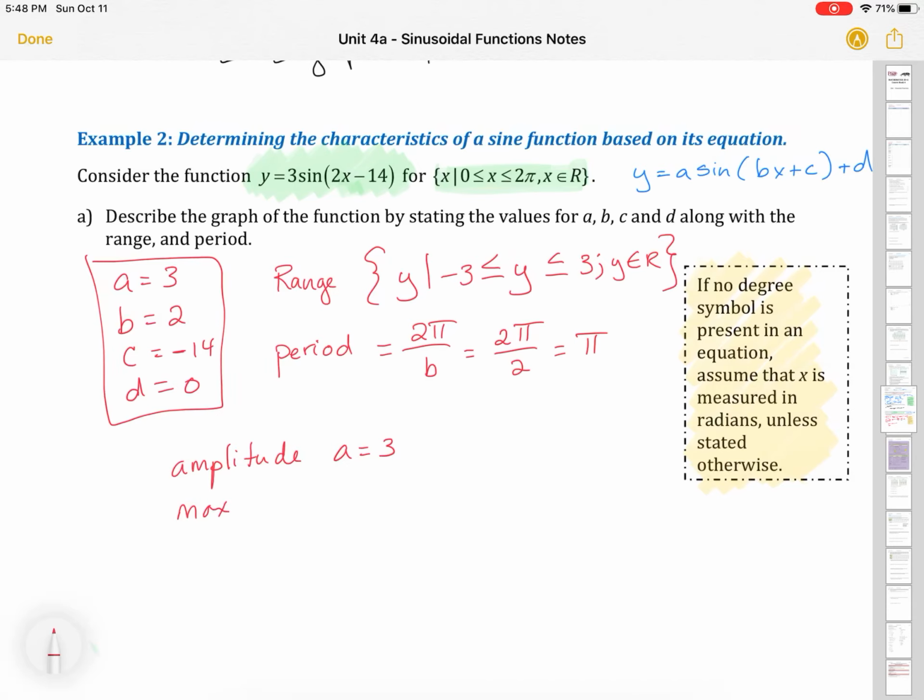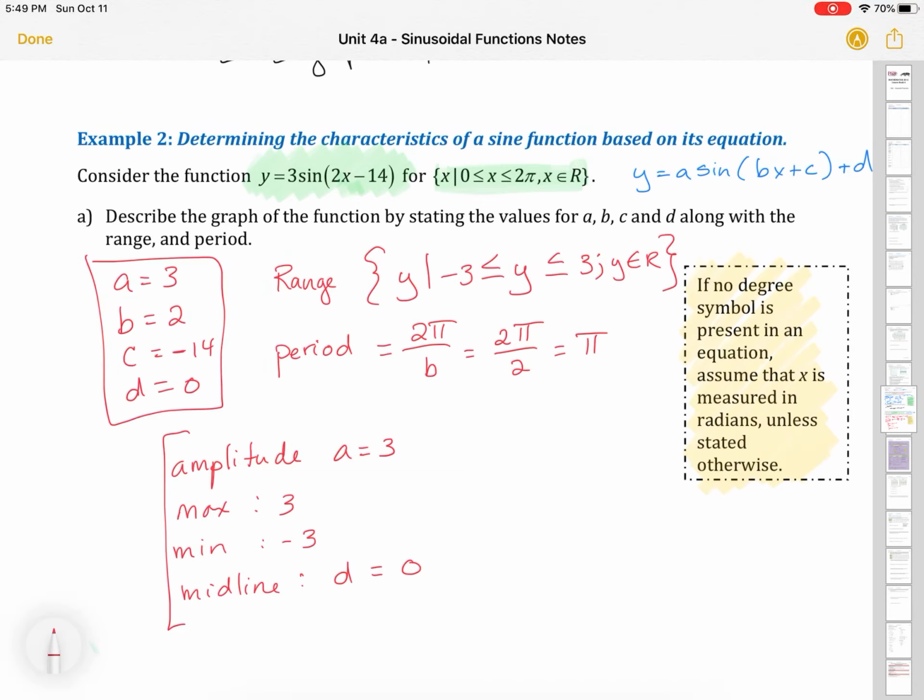We could find our maximum. It's from our range, right? Our maximum is 3 and our minimum is -3. That's going to tell me that my midline is halfway between those two, right? Our midline is also equal to D, right? D is equal to 0. So we can find quite a bit just from that information, okay? So it's really about mining that and finding those things out.